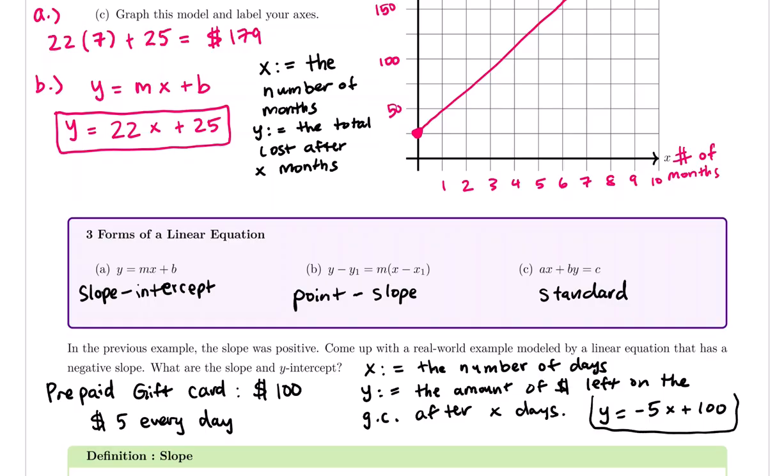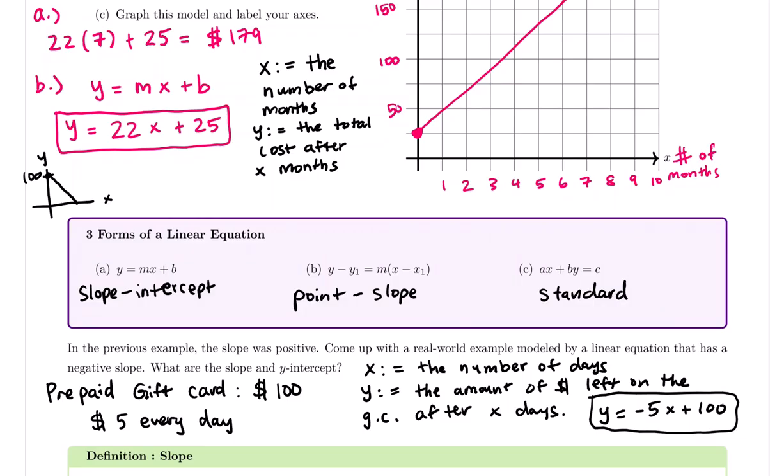Our slope is negative since the amount of money on the card is decreasing. I'll just do a quick sketch over here. This would be my y-axis, this would be my x-axis. I'd start here at 0, 100, and it would go down, and it would look something like that. So that has a negative slope.